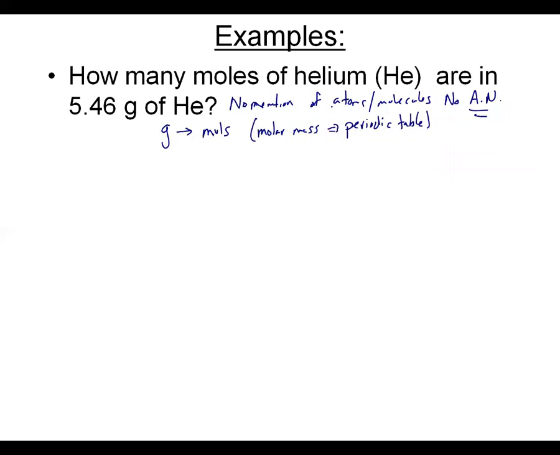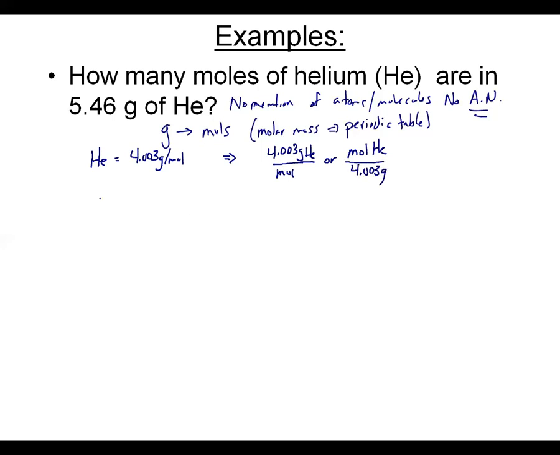And that means that the molar mass of helium is 4.003 grams per mole. And we could use this as a conversion factor. We could say 4.003 grams per mole of helium. Or we could do the opposite. A mole of helium is 4.003 grams.